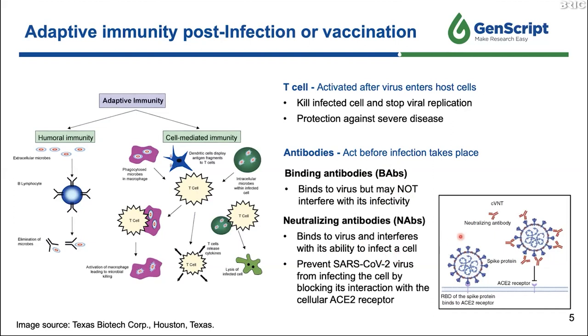In SARS-CoV-2, as shown in this image, a neutralizing antibody binds to the RBD region on the spike protein and blocks its interaction with the ACE2 receptor. As a result, the virus is prevented from infecting the cell.